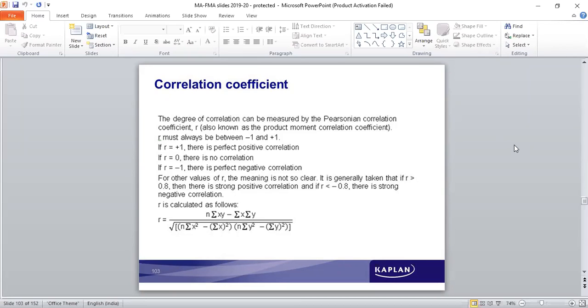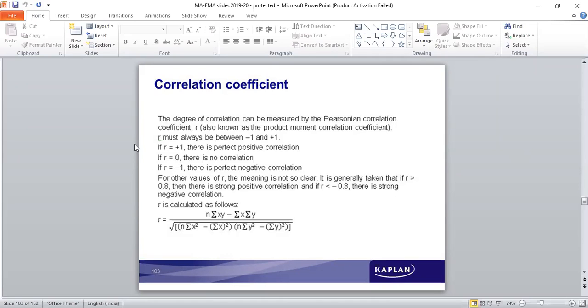R will always lie between -1 and +1. It must always be between -1 and +1. If R is equal to +1, there is a perfect positive correlation, so a change in one variable will result in an equivalent change in the other variable also.